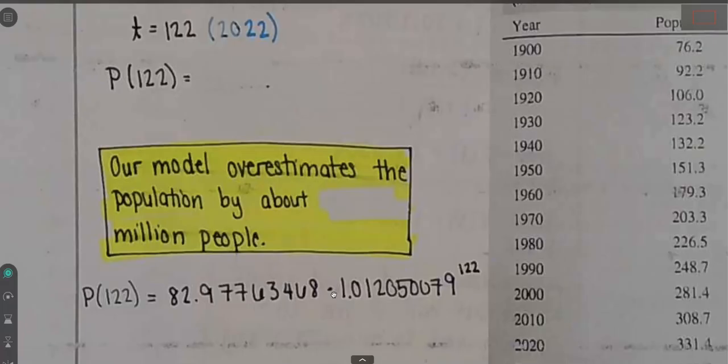All right, so teams 2 and 4 got it. Great job. I'm asking for what is P of 122.